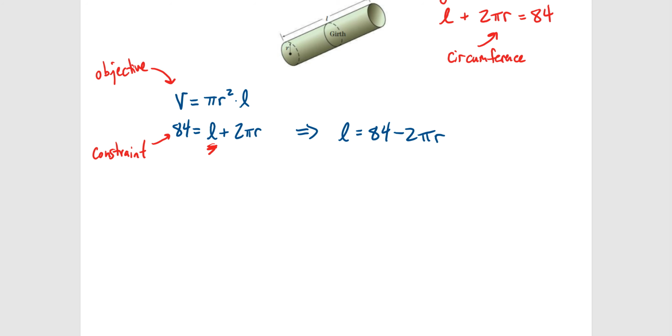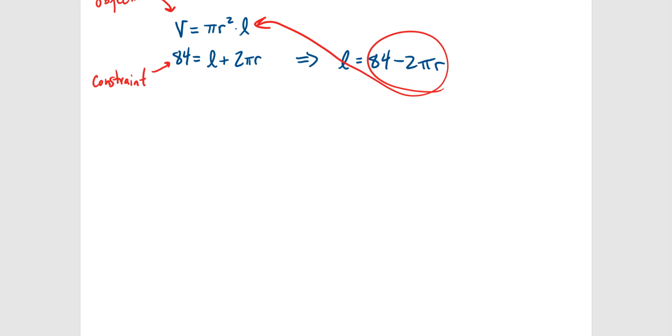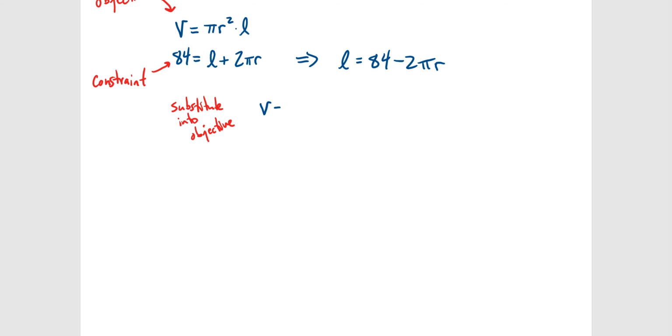So we get L equals 84 minus 2 pi r. Now we can go ahead and plug that into the objective equation's L. So the objective equation is V equals pi r squared times L. So now instead of L, let's write that as 84 minus 2 pi r.